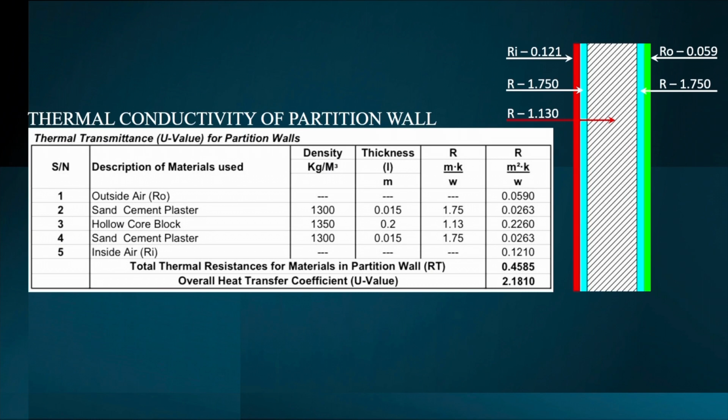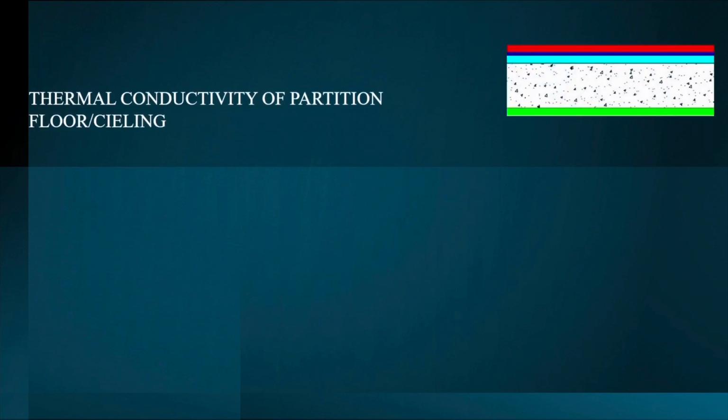From these calculations, we have a total thermal conductivity of 2.181 watt per meter square degree Celsius. Let us look into the thermal conductivity of the floor and ceiling. Rho for the floor and ceiling is 0.059, Ri for the floor and ceiling is 0.166.